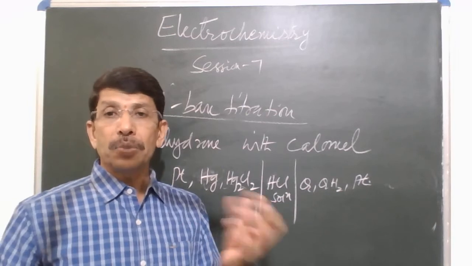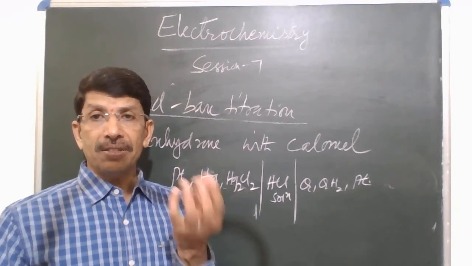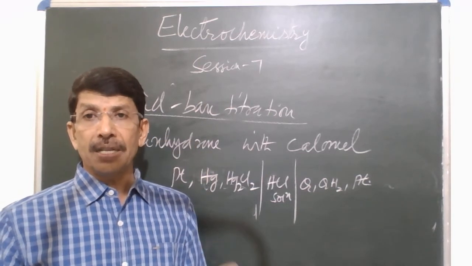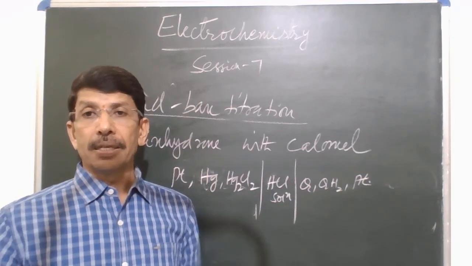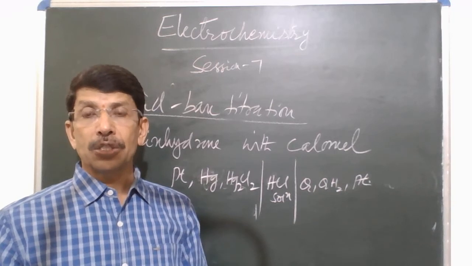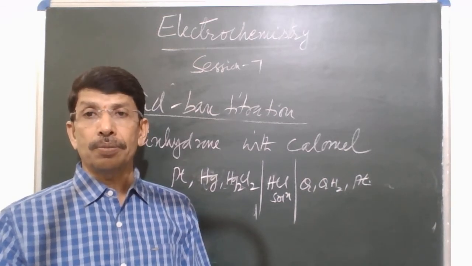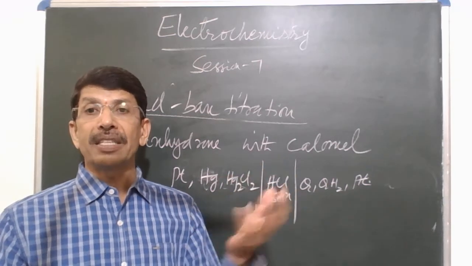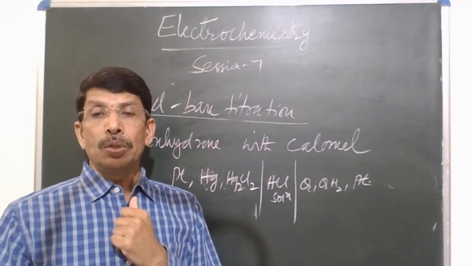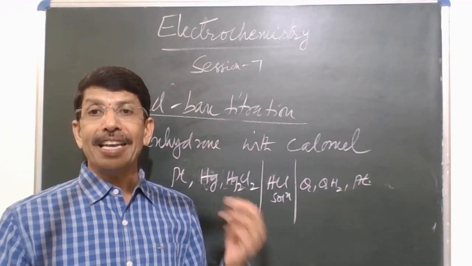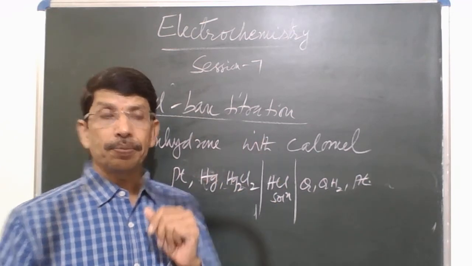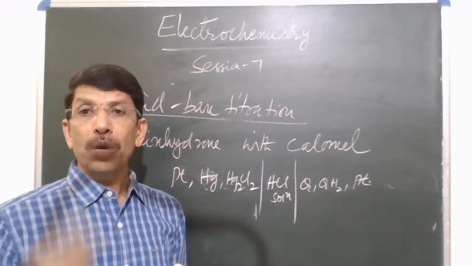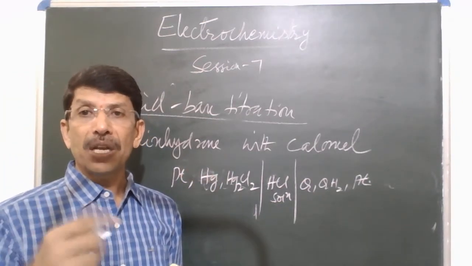So by taking a known volume of HCl in a beaker, adding a pinch of quinhydrone, placing the calomel electrode and quinhydrone electrode into the HCl solution and connecting these two electrodes to a potentiometer, we can determine the EMF. Before adding any NaOH, determine the initial EMF, and then add 0.1 ml of NaOH each time, mix well and note down the EMF.